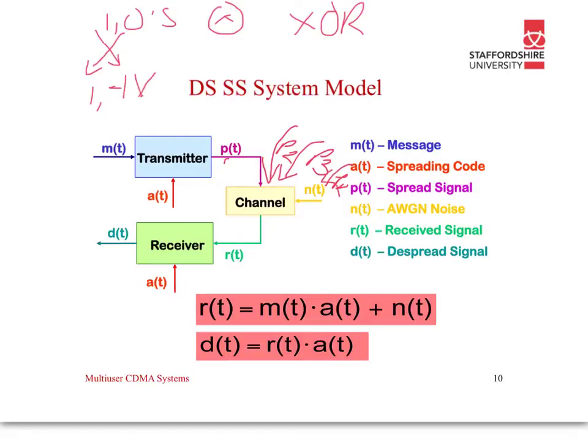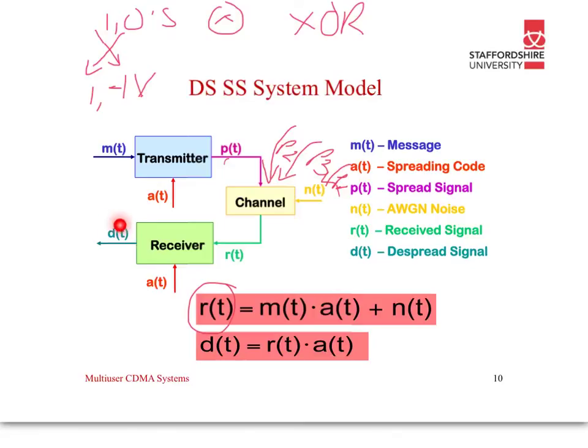So at the receiver, the received signal R of T is comprised of the message times the code plus any other users, P2 to PK, plus the noise. I'm going to assume that there are no other users here at this moment in time.